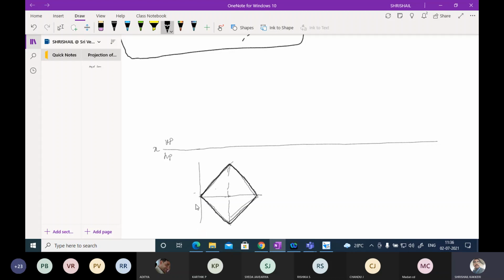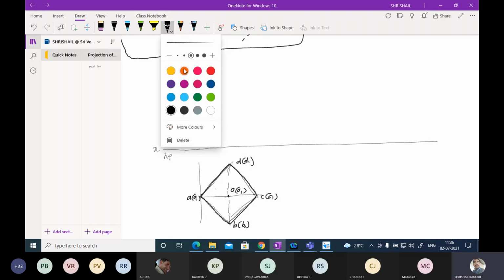Whichever you feel like, you can take it as A. I have taken this as A in bracket a1, the bottom edge, and this is B in bracket b1, and this is C in bracket c1, and similarly this as D in bracket d1. Then this point is o1.